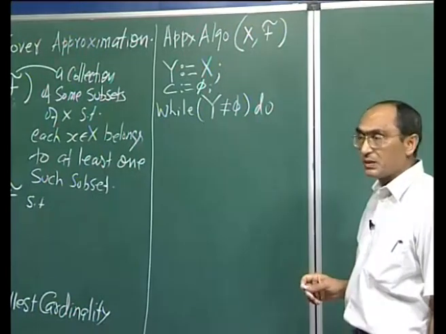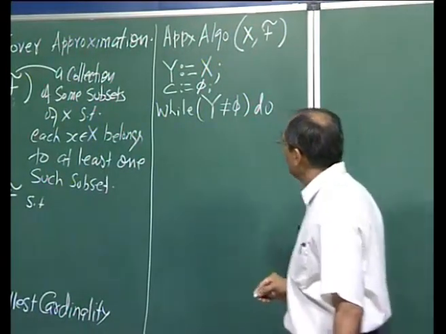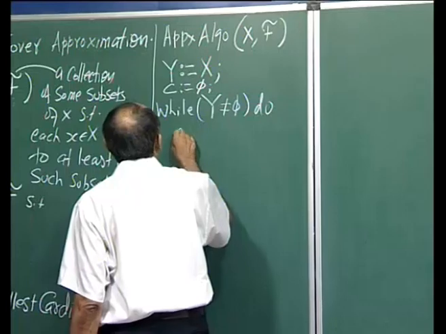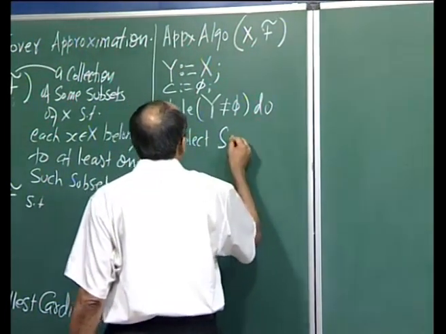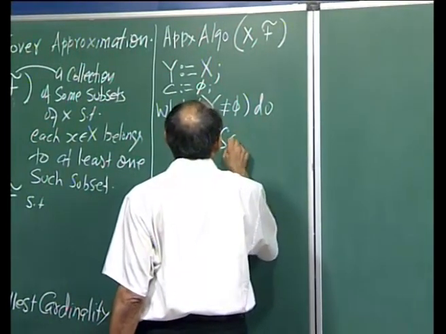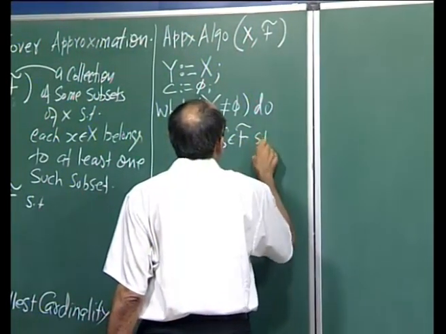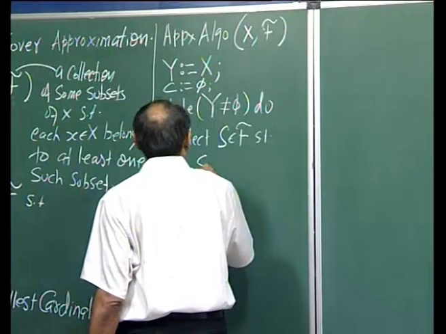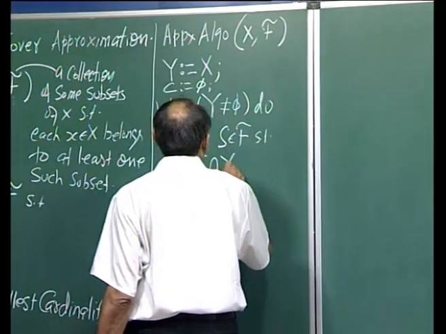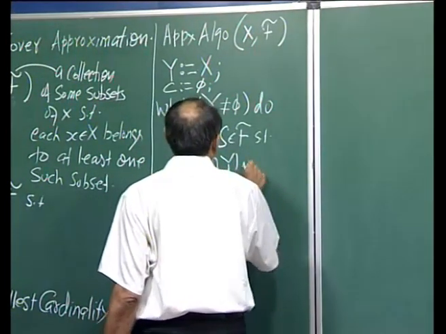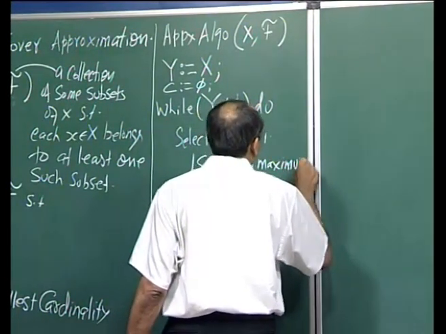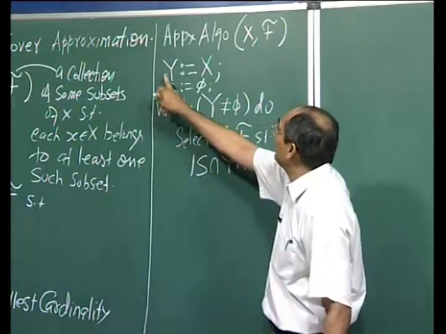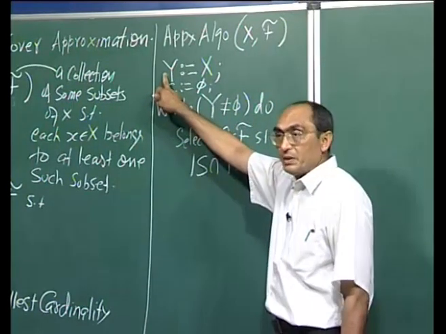So, initially this is the cover, and then select S from F such that S intersection Y is maximum. Y will always be the set of elements not yet covered.